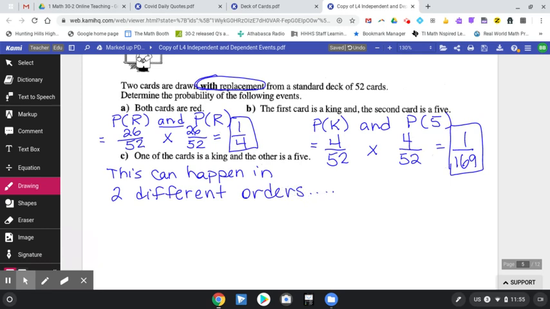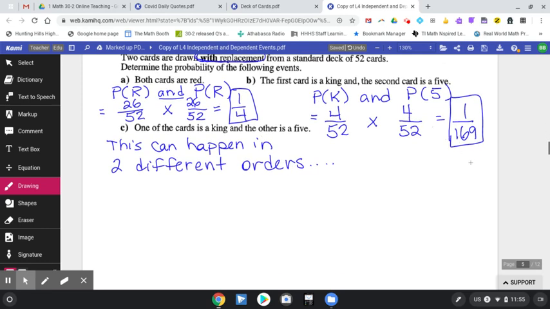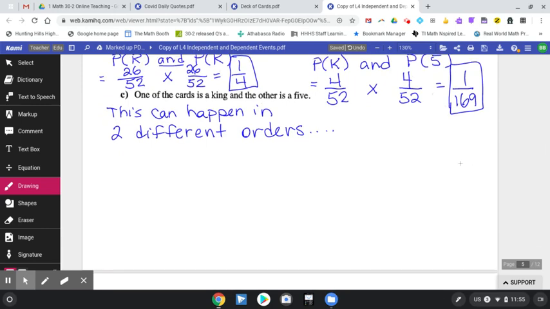So remember, if they don't specify the order in the question, we need to do all possible orders. So it could be the king first and the 5 on the second draw, or it could be the 5 first and the king on the second draw.